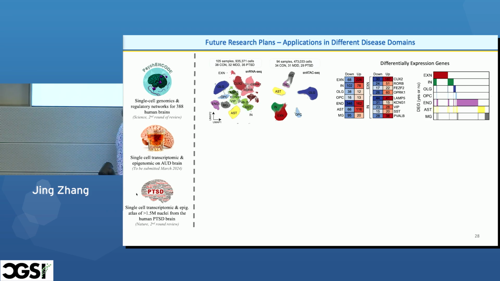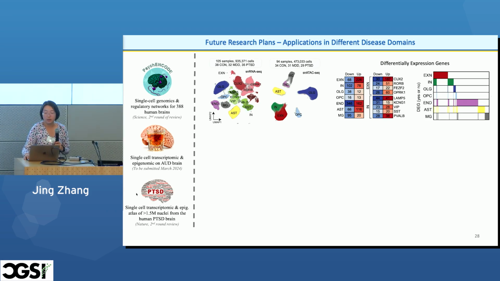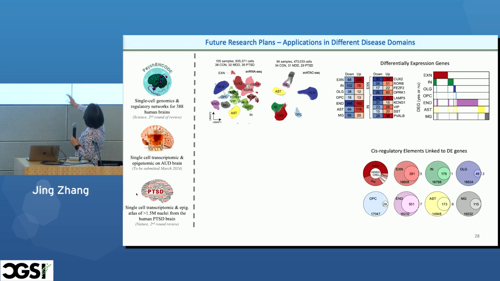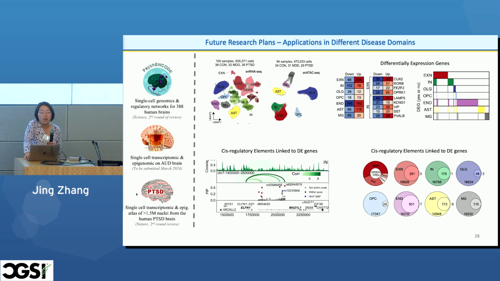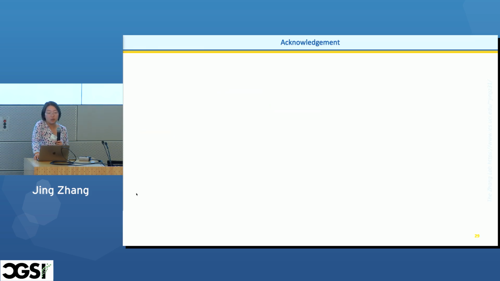And we find important differentially expressed genes, and then we actually find the cis-regulatory elements and the key variants that are regulating those DEGs or GWAS genes, trying to provide a mechanism explanation of these disorders.